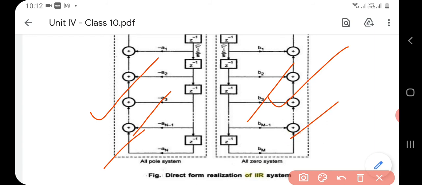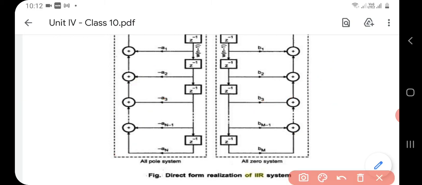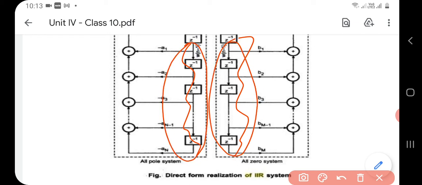the differences. Okay, now see, you can see here that these are the delay elements in H1Z. These are the delay elements in H2Z. So these delay elements are drawn separately. Now you can combine these two sets of delay elements, that is delay elements in H1 of Z and the delay elements in H2 of Z, into a single delay element.